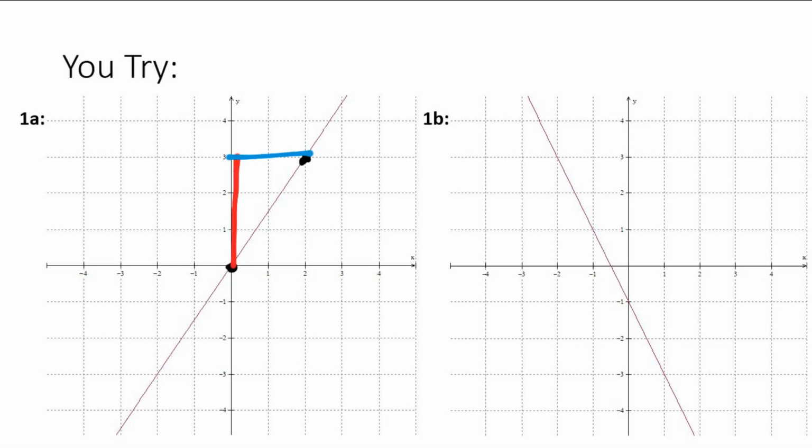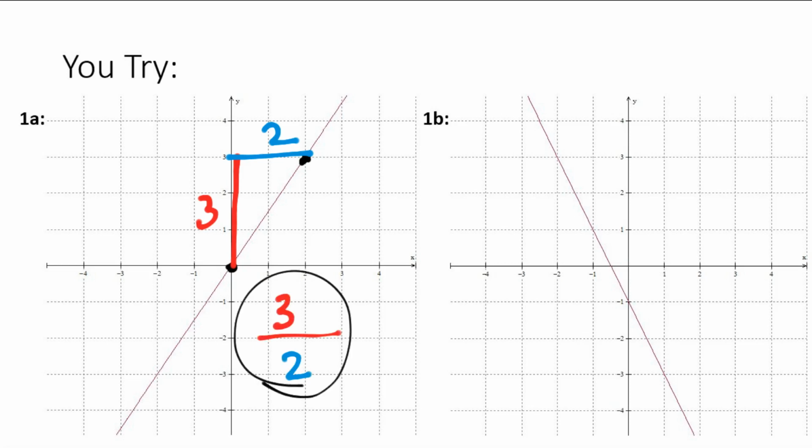So what did I find? Well, my rise is 1, 2, 3, and my run is 2, which means that I have 3 over 2, and I can't simplify that anymore, so that's my slope for this one on the left. And on the right, let's pick 2 easy points.